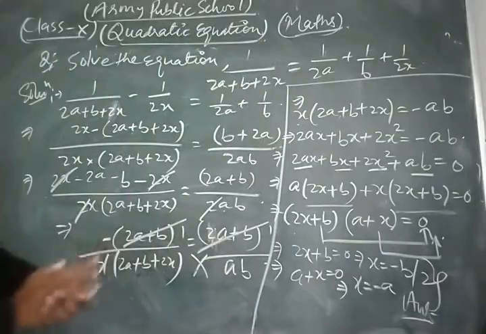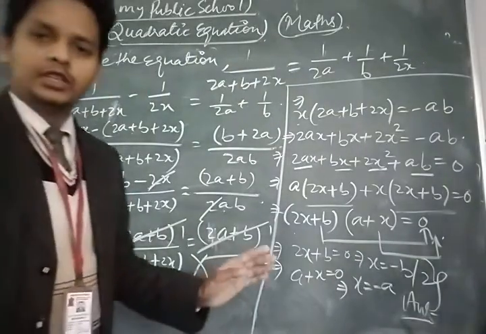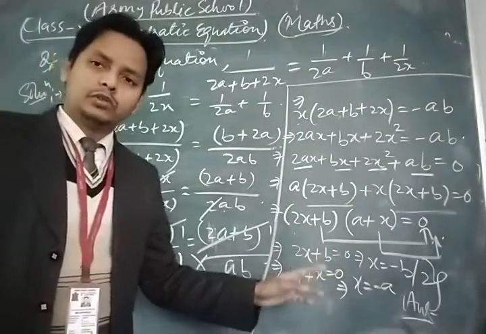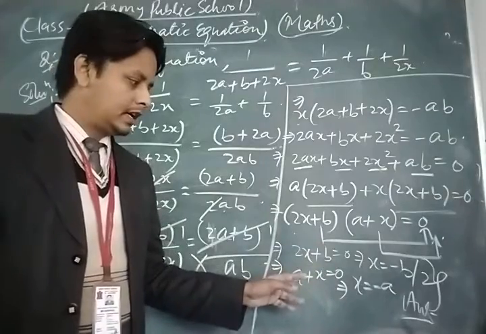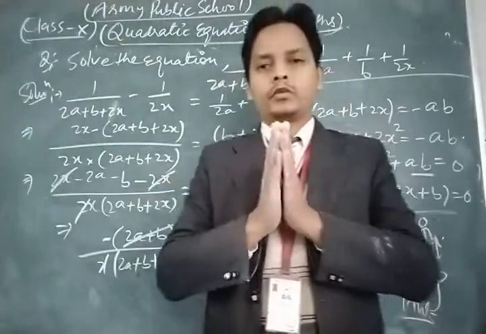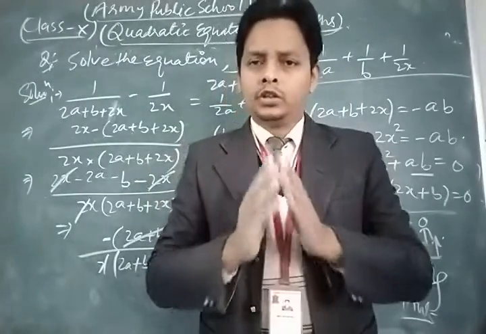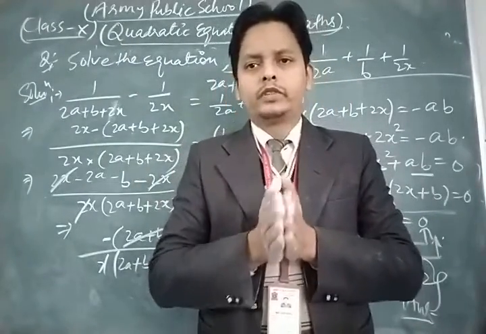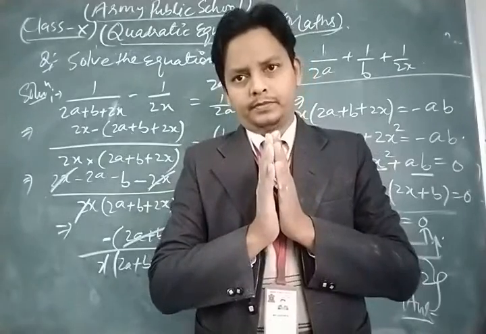So now look, dear friend, in this way x is equal to minus a and x is equal to minus b upon 2 is the required solution of the given question.